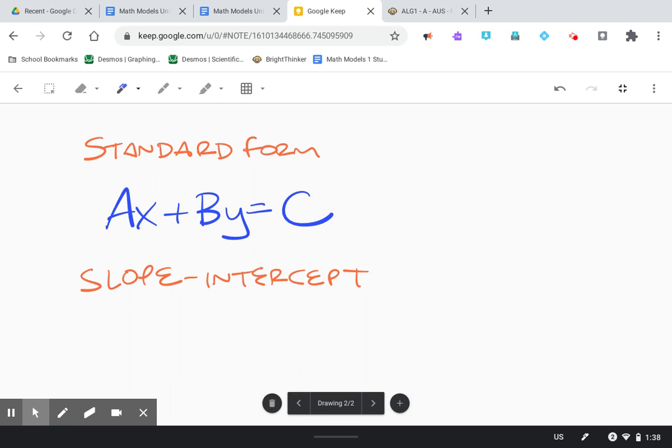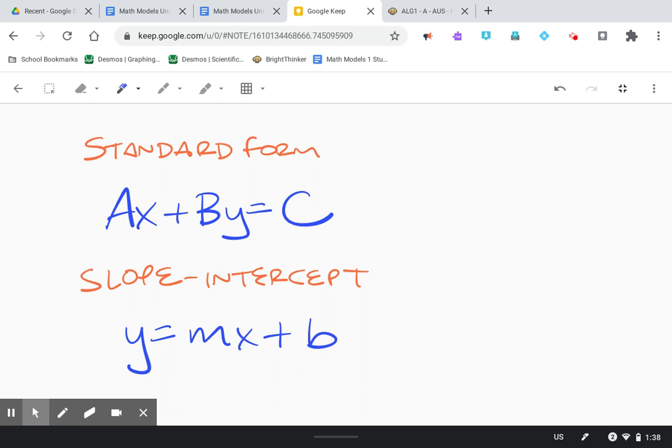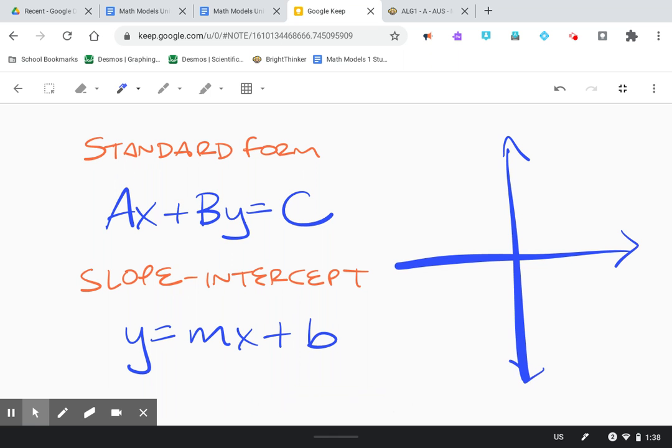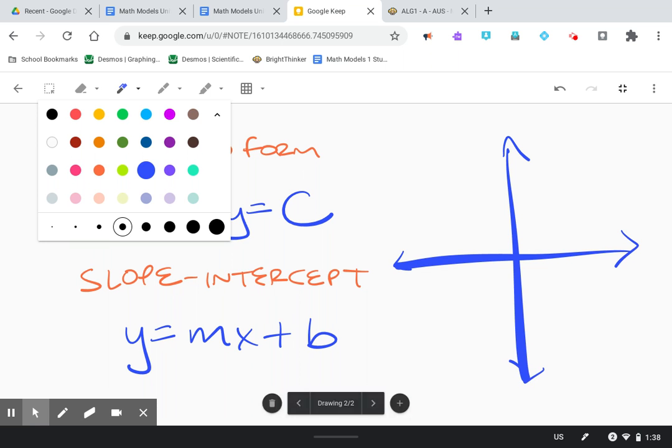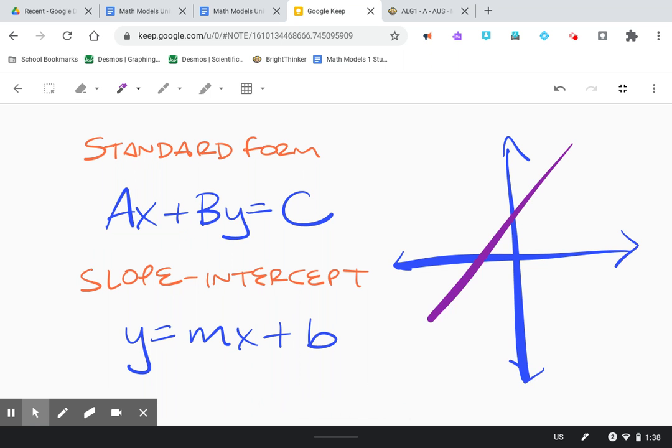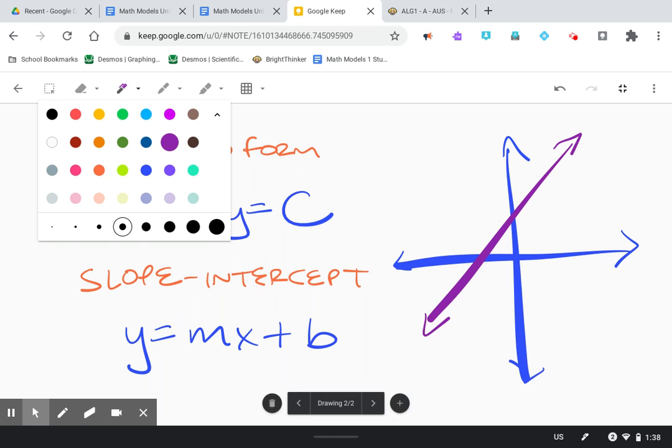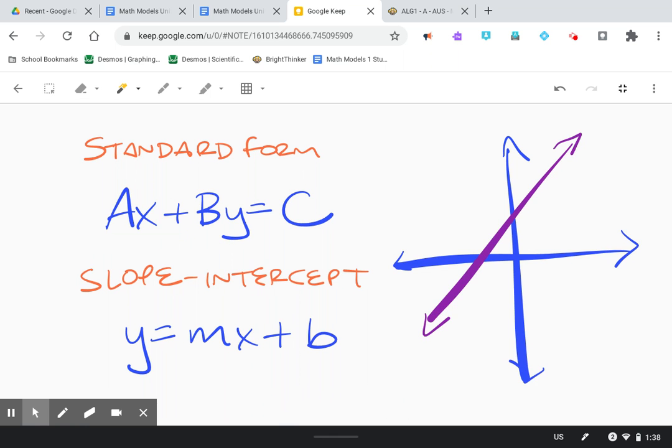And then, of course, in the slope-intercept form, we have y equals mx plus b, where m is the slope and b is the y-intercept. In general, when we look at a linear equation graph, and let's say this is my line going through here, the intercepts are the point here and the point here.